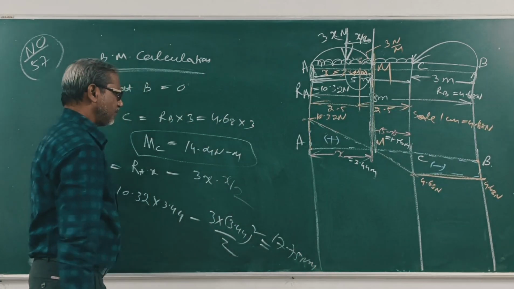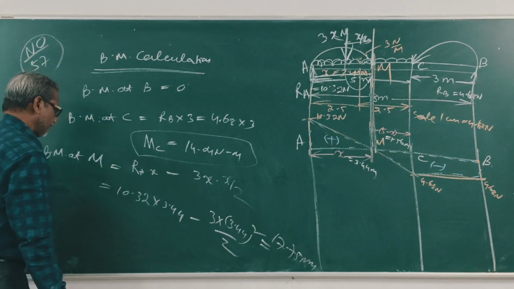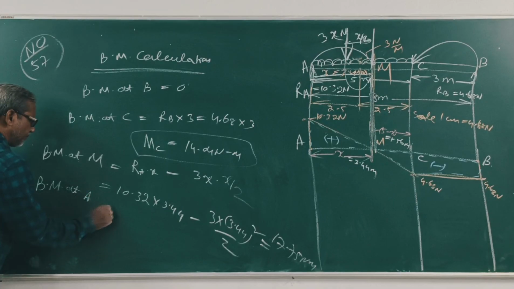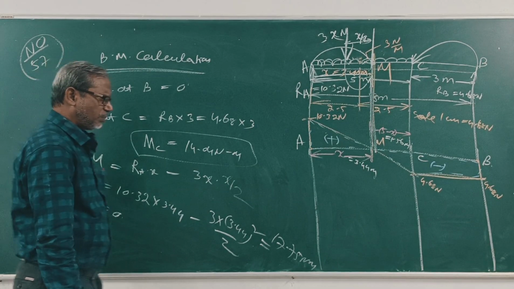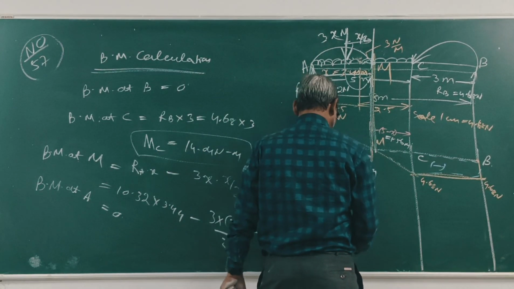Clear? This is maximum. Next at A, BM at A is 0. Clear? Now draw the figure. All are positive, all are above the baseline.